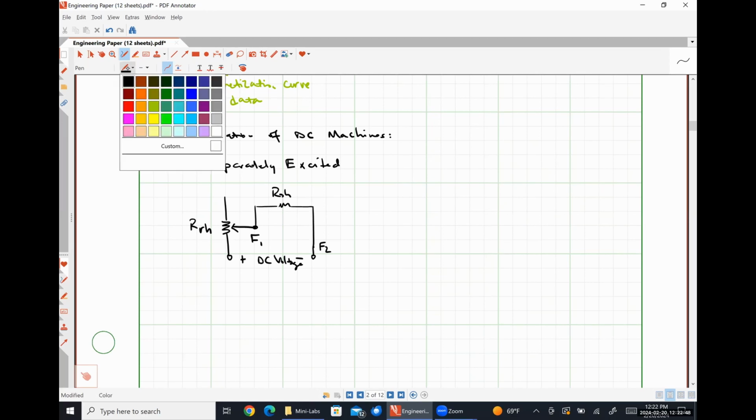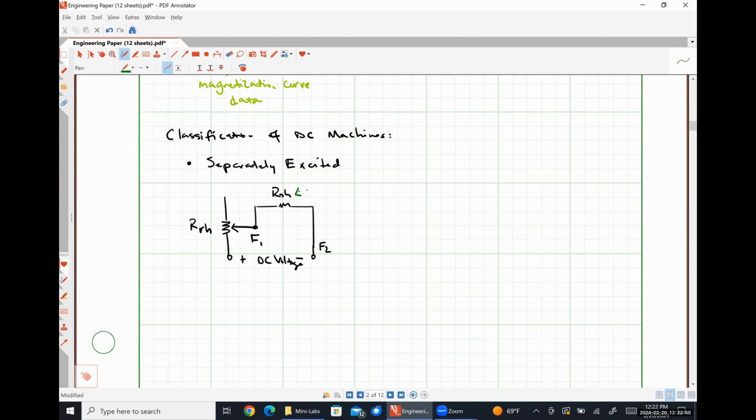So let me put a note there. So there are two field windings, right? We have a shunt field winding and a series field winding. We're using the shunt field winding in this case. So that is what our stator circuit looks like.